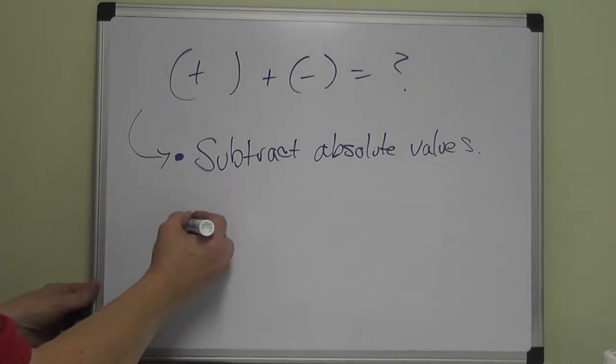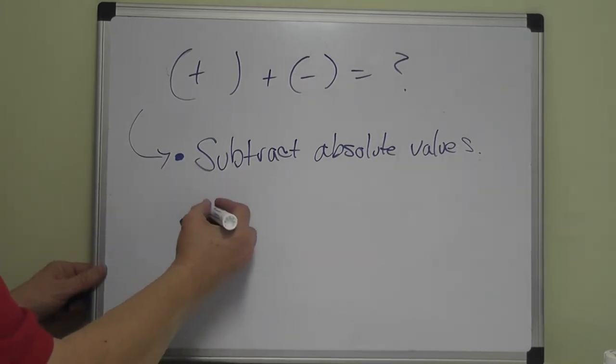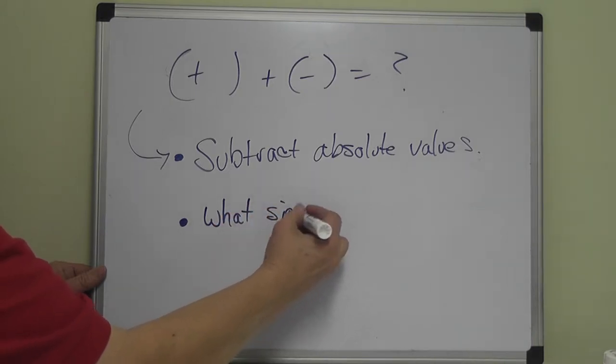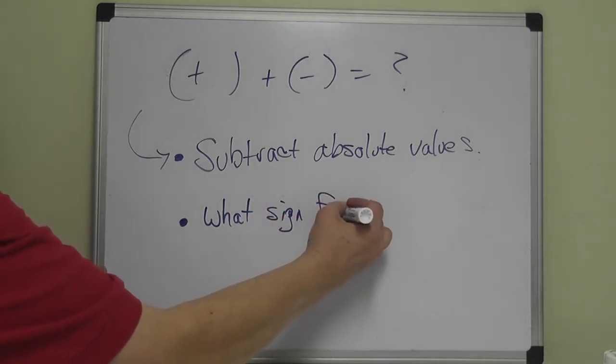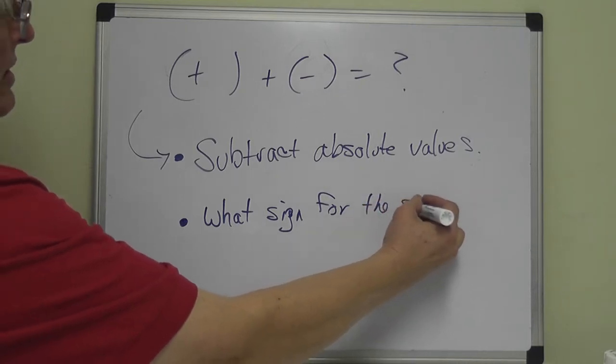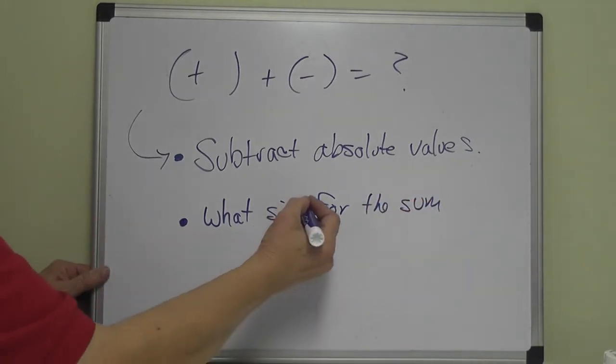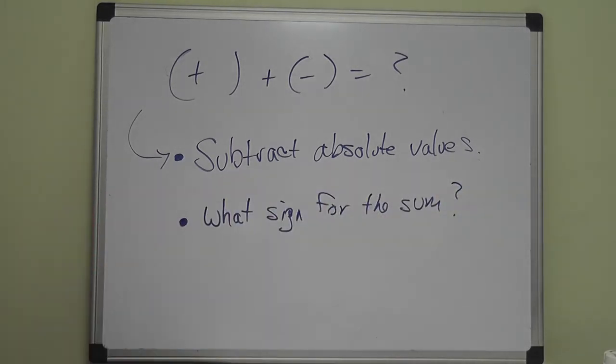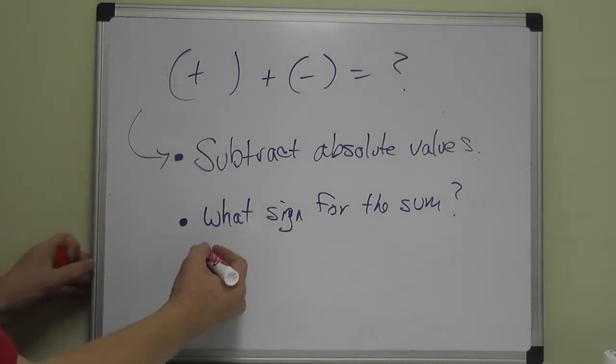Now, how are you going to determine what sign to use in your answer? What sign for the sum? Remember, we are adding oppositely signed numbers. So what sign are we going to use for the sum? We're going to use the sign of the rational number with the larger absolute value.